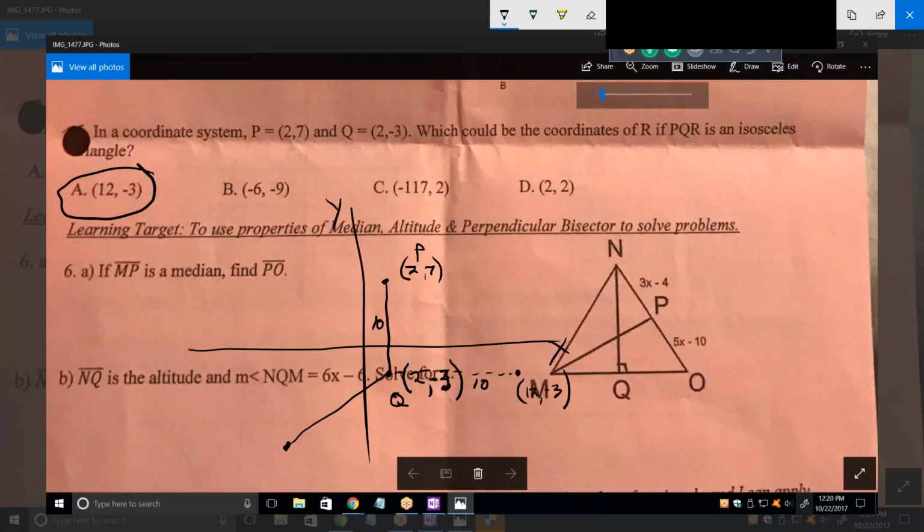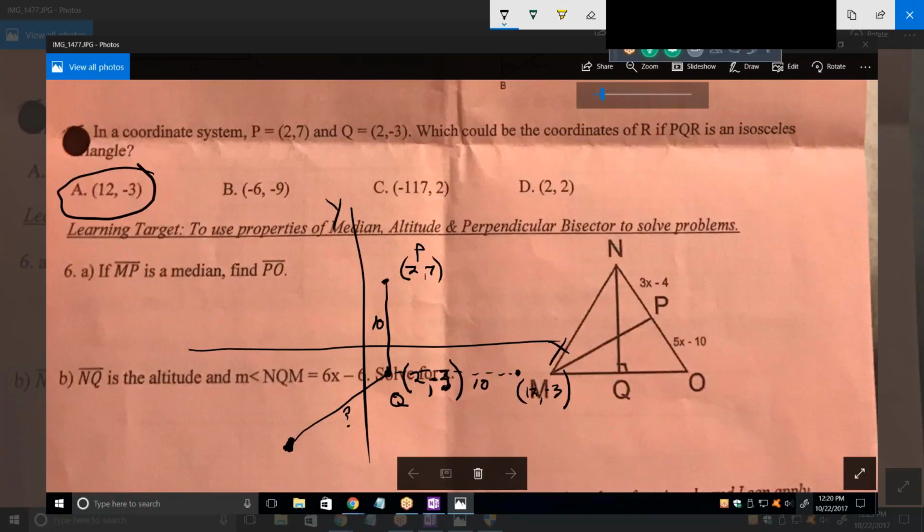And some of them are going to be really difficult to check. You're going to have to use a distance formula between 2 points that aren't horizontal or vertical. In other words, figuring out whether that was 10 or not would have been hard to do.